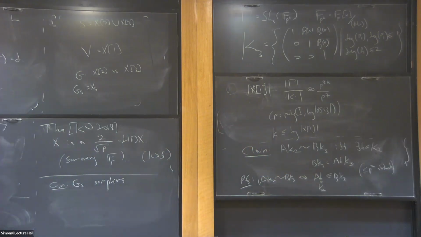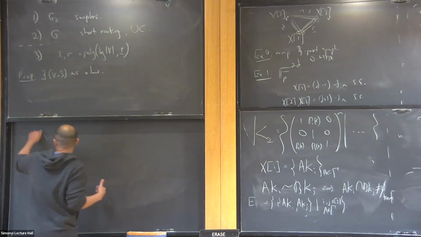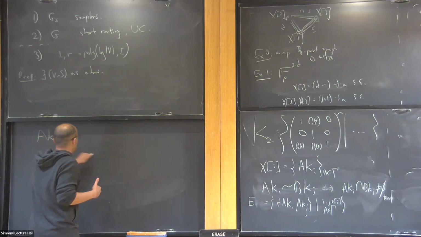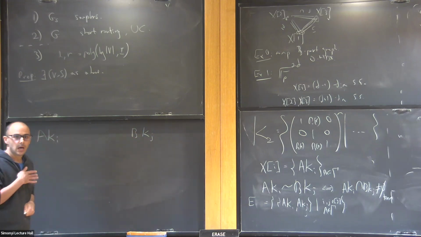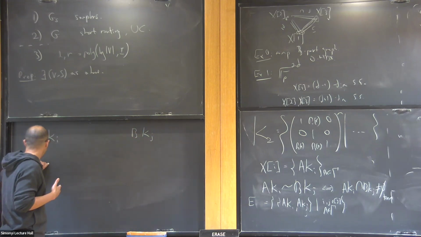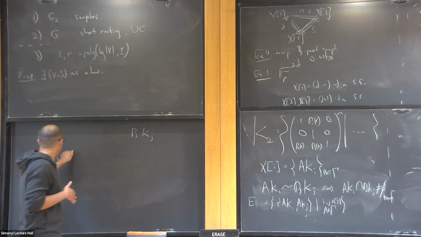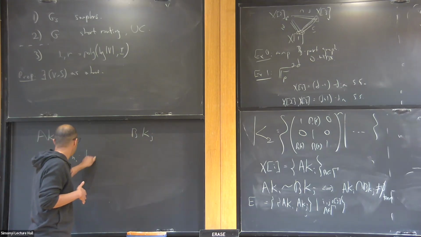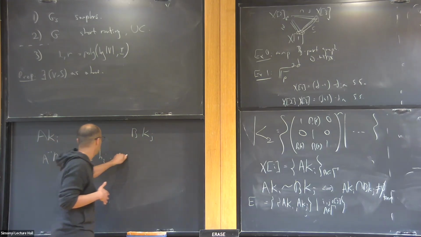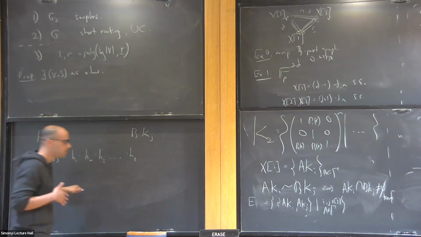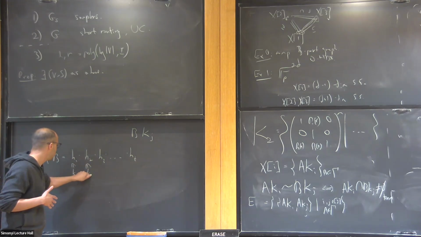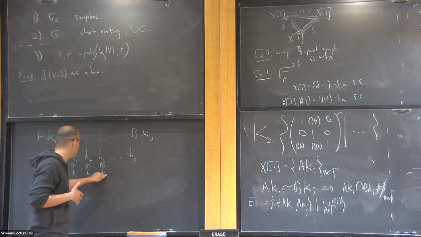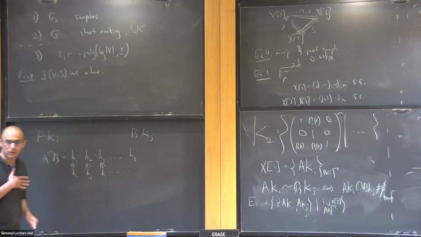Suppose I have some coset A Ki, and some coset B Kj, and suppose I know how to write A inverse B as a product of matrices H1, H2, H3, up to Ht, where H1 is in Ki, H2 is in Kj, H3 is in Ki, and so on.